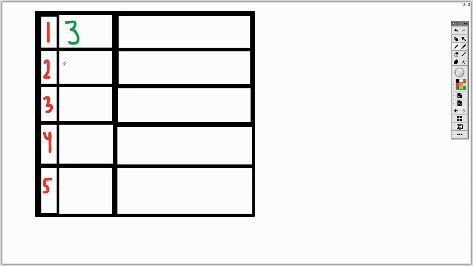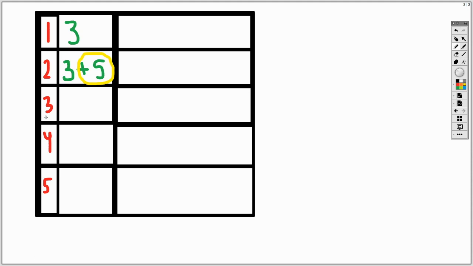Then our second number is going to be 3 plus 5. 3 was the number which we began with, right? So the first number is the number that you began with. And our second number was actually the first number where we added our 5.